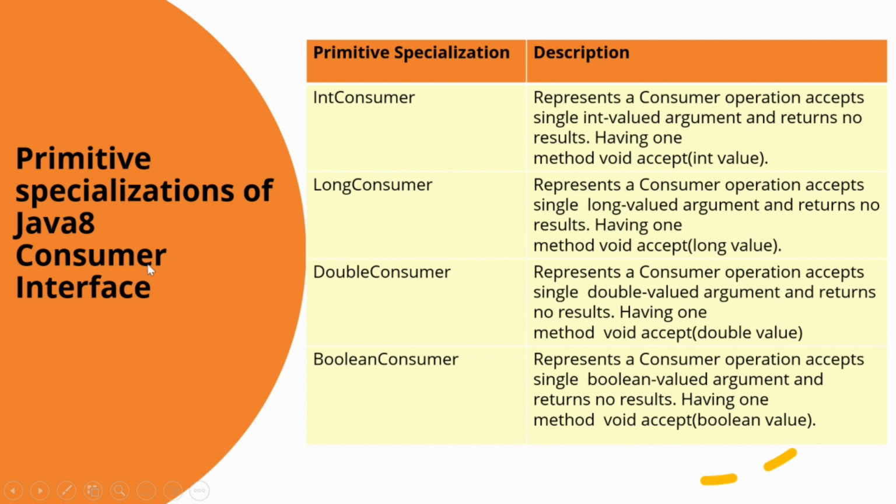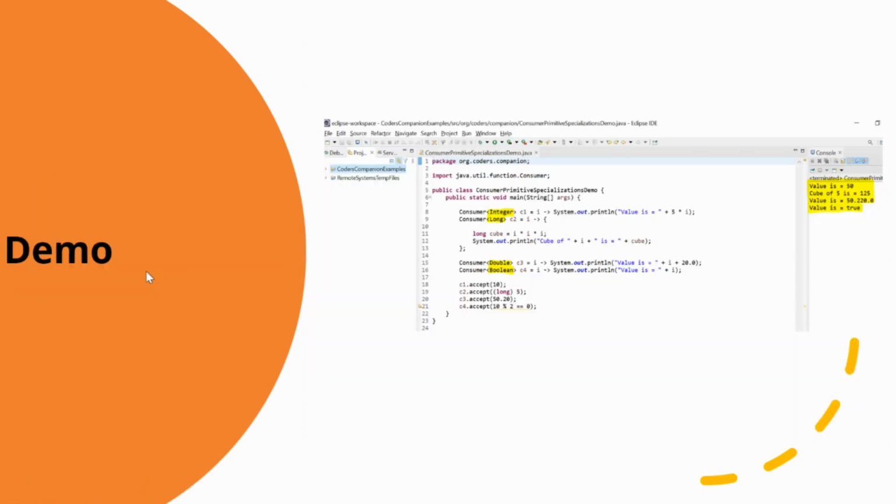To demonstrate it and help you understand it better, I have created an example for you. There I have used all four primitive specializations: integer, long, double, and boolean in the Consumer interface. You can see that here I have used the accept method. When 10 is multiplied by 5, it gives me the output 50.